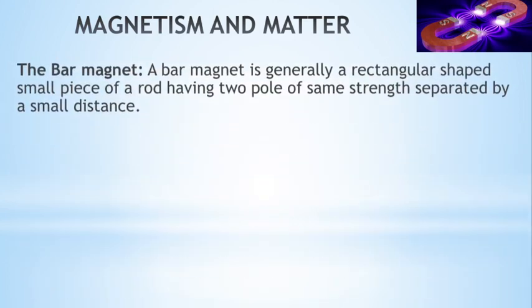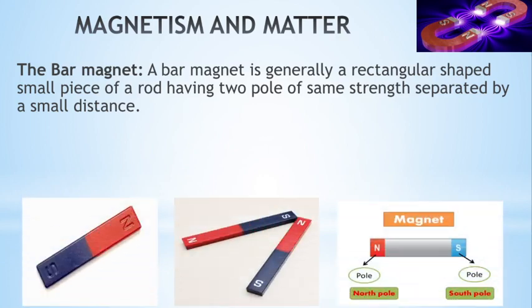Okay, from all these artificial magnets, we concentrate more on the bar magnet. Here, bar magnet means it has the shape of a rectangular iron bar.